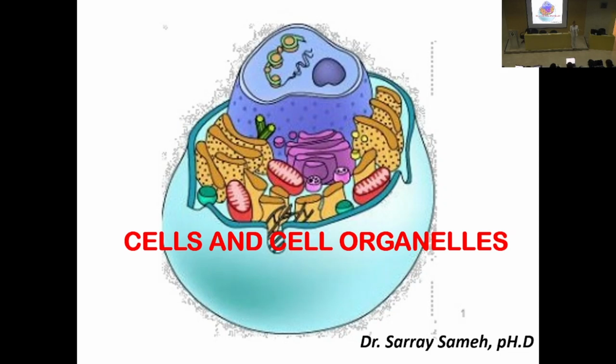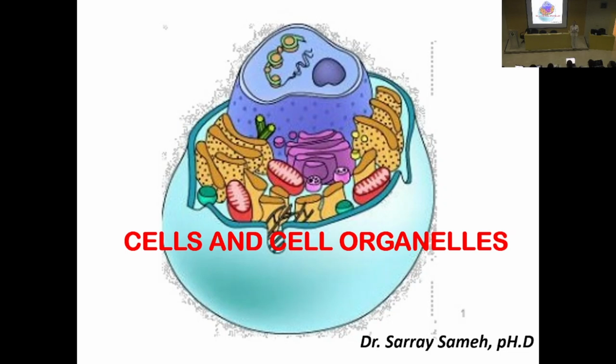For the prokaryote it is free in the cytoplasm, and in the eukaryote we find it inside the nucleus. Okay, so this is, we can say, the major difference. Of course, there are others, like the organelles. They are surrounded by membrane in the eukaryotes, not in the prokaryote, and so on. But this is really the thing that catches our eyes when we look at the two types of cells.